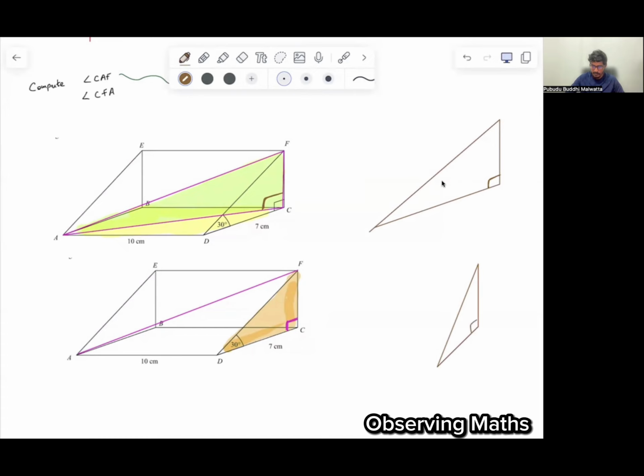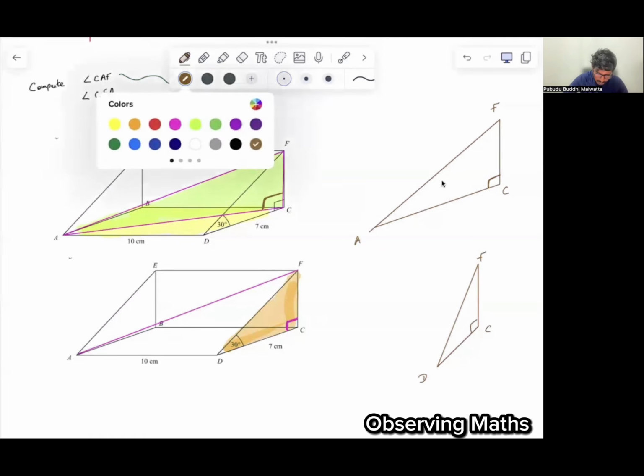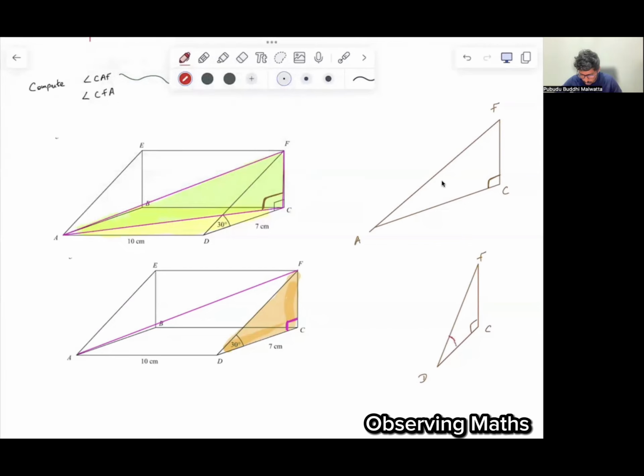This is CFD, CFA. Two different planes, no issues. So now we did convert the whole thing to 2D. That's the beauty of this, because then you can do anything.